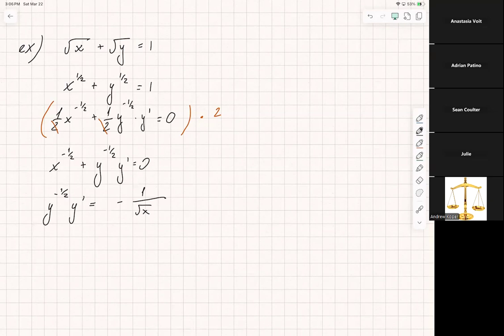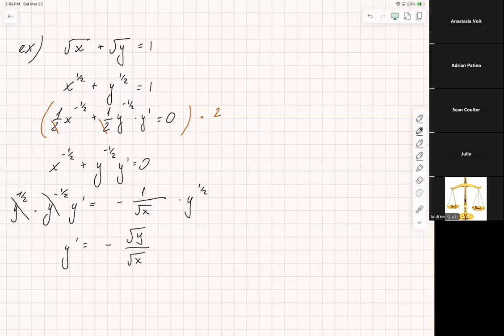If we want to isolate y prime, we would need to multiply both sides by y to the power of positive 1/2, so this will be canceled. We have y prime equals y to the power of 1/2, that's the same thing as square root of y, divided by square root of x, with a negative sign.